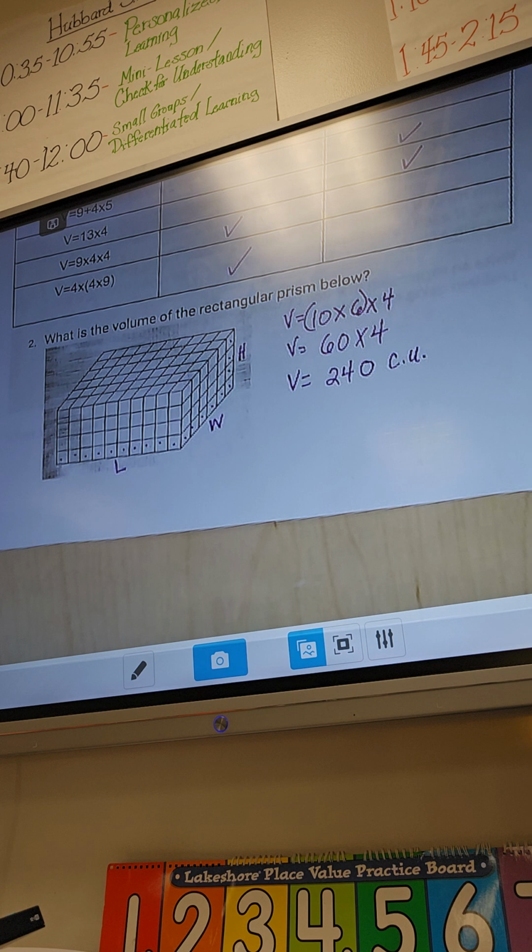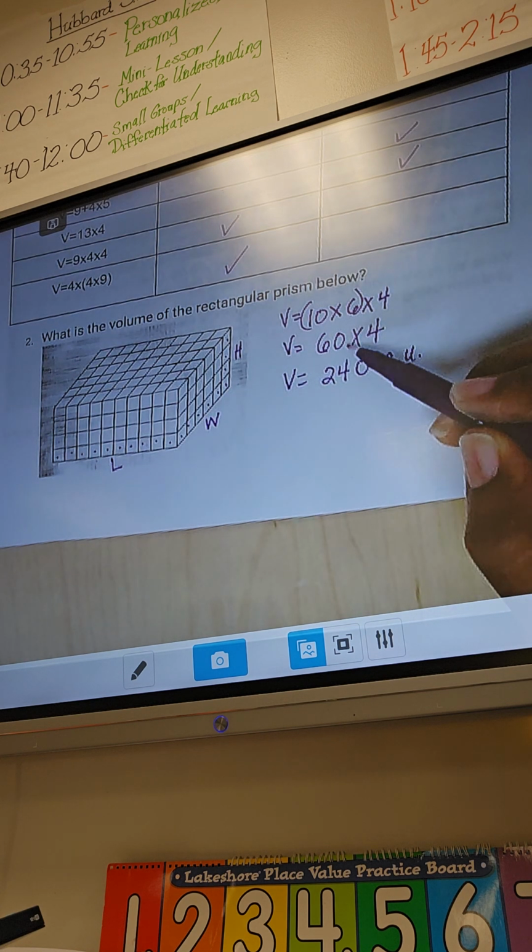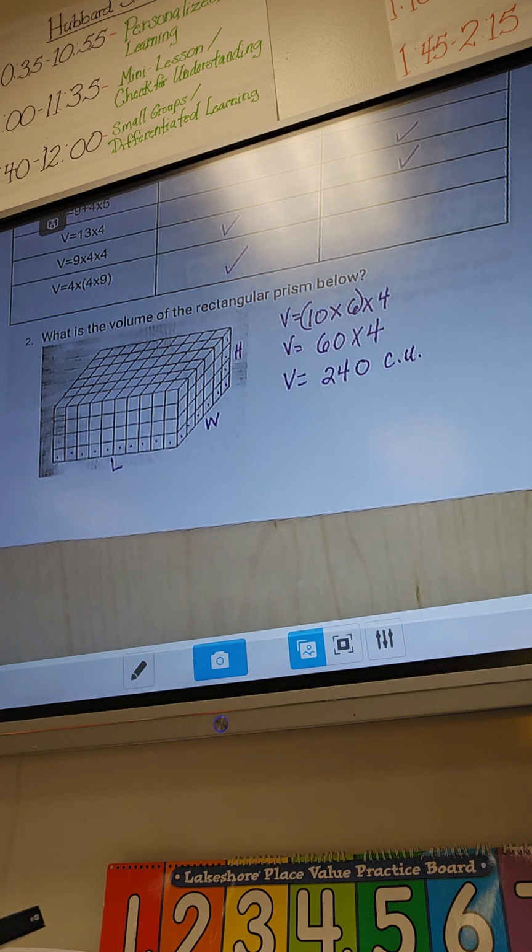Bring down your 0 first. Count the zeros. Bring your zeros down first. Okay, because more than likely that 0, if it's at the end of that number, it's going to be in the ones place. And then you multiply 6 times the 4, and that comes in the tens and the hundreds place. Yes. Okay, thank you for that question.